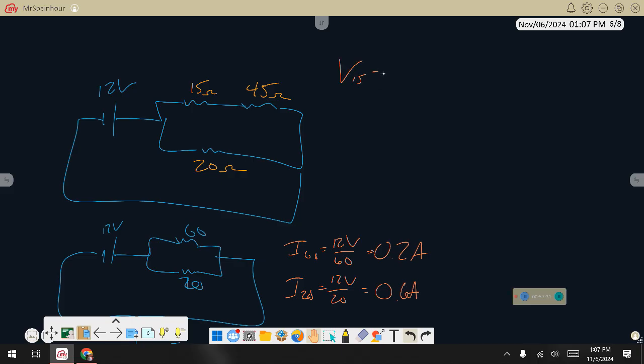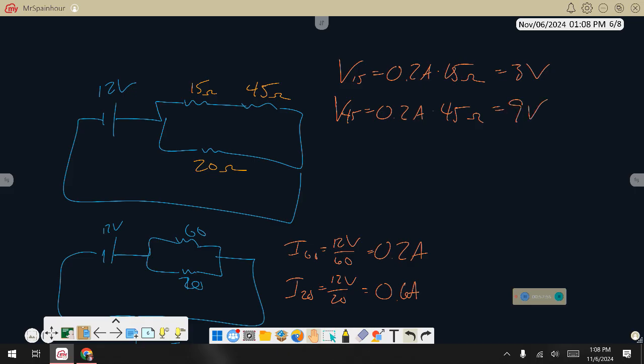The voltage in the 15 is going to be 0.2 amps times 15, and the voltage in the 45 is going to be 0.2 amps times 45. Therefore, 2 times 15 is 30, so it's 3 volts. And 0.2 times 45 is 90, add the decimal, 9 volts, which makes sense because 3 plus 9 is 12.